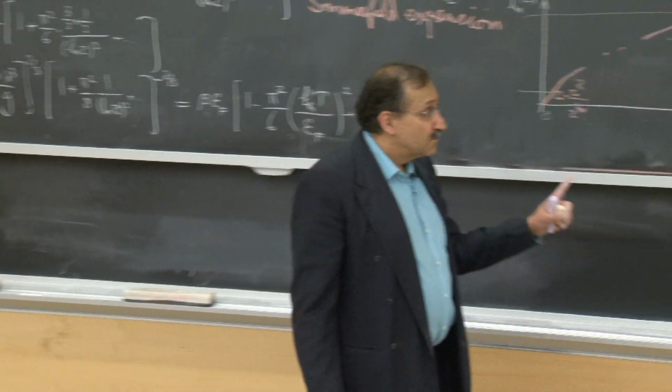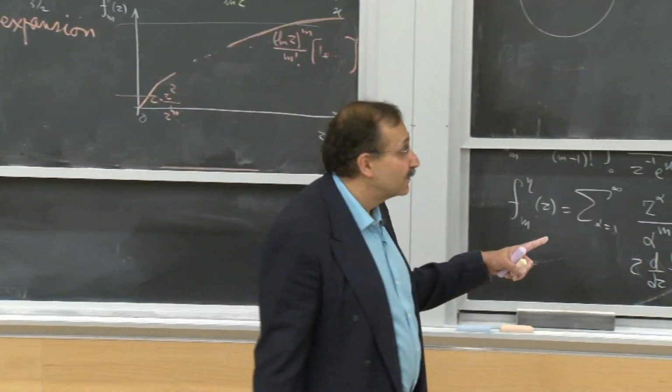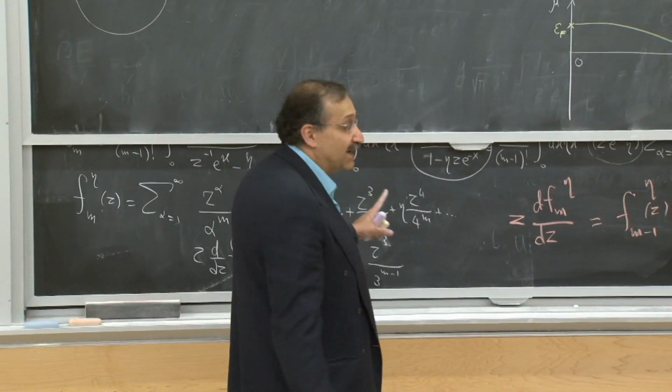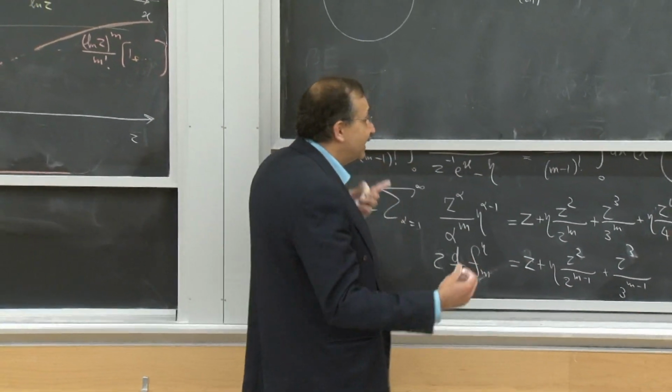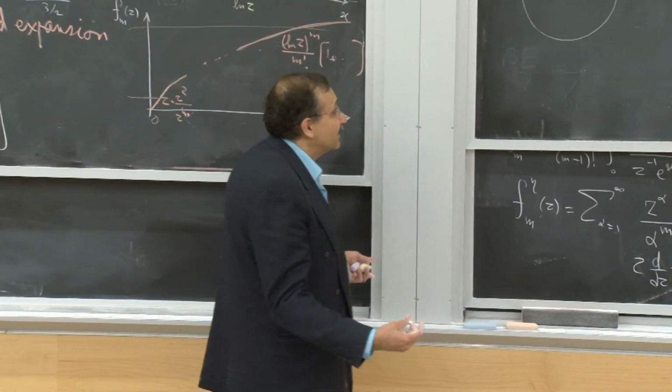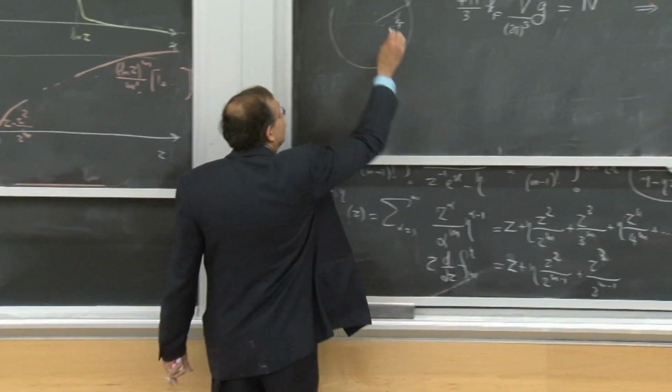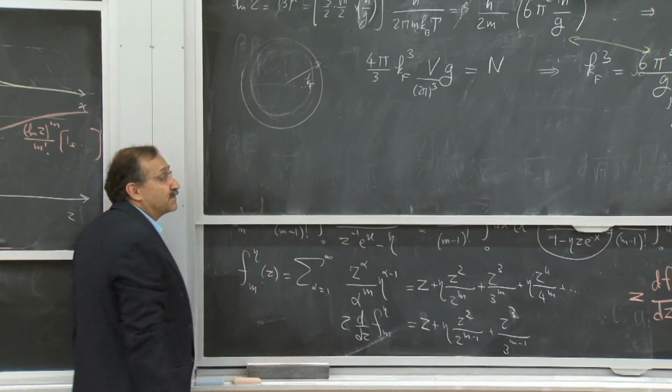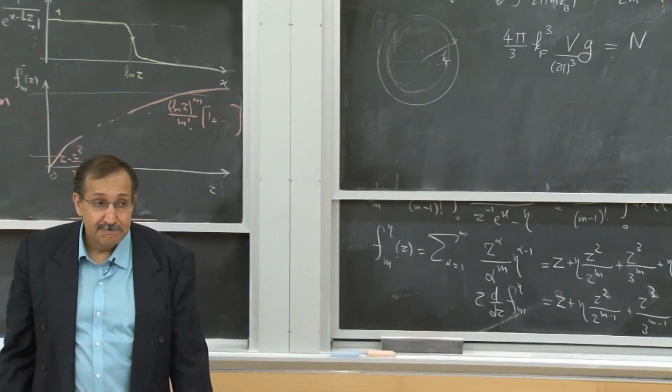So once we know this behavior of the chemical potential, we can calculate what the energy and pressure are. And again, at 0 temperature, you will have some energy which comes from filling out this Fermi sea.